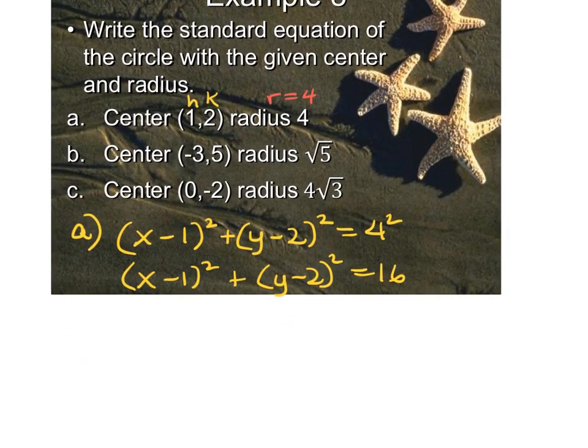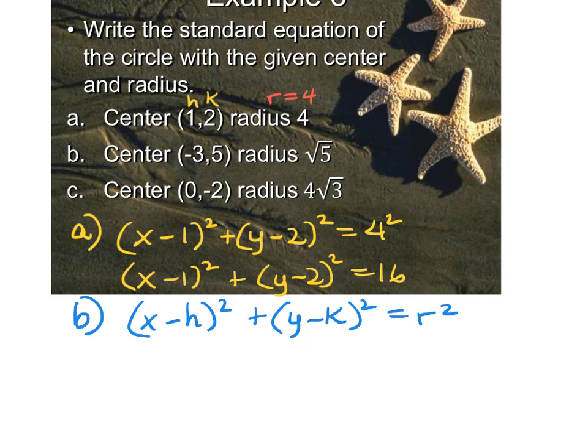So when we go to do part B, again, here is the formula, x minus h squared plus y minus k squared equals r squared. My h, let me write the ordered pair over here. Notice your h is negative 3. So when I go to put it in the formula, I'm doing x minus is part of the formula, and my h value is a negative 3.